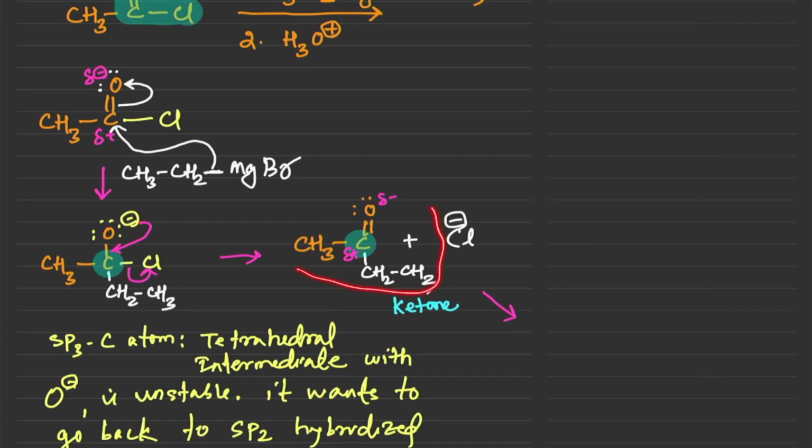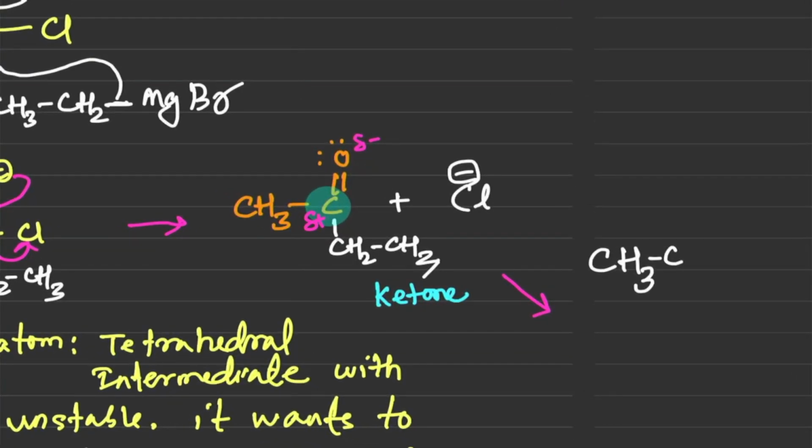So as soon as you make this, even if it wasn't in the beginning portion of the reaction, it will react with a second set of Grignard reagent, CH3CH2MgBr. What would happen?